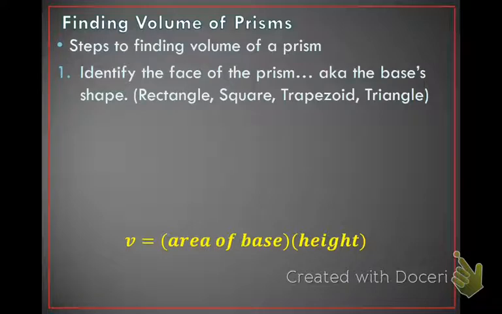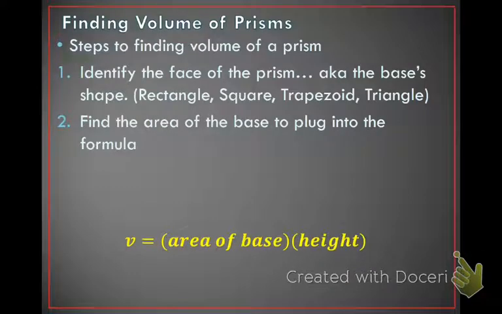So identify it, because in order for you to be able to solve, you need to know what kind of shape you're dealing with. Make sure that there are only 2 of them, 2 bases. Write this down. That'd be helpful. Number 2, find the area of that base.